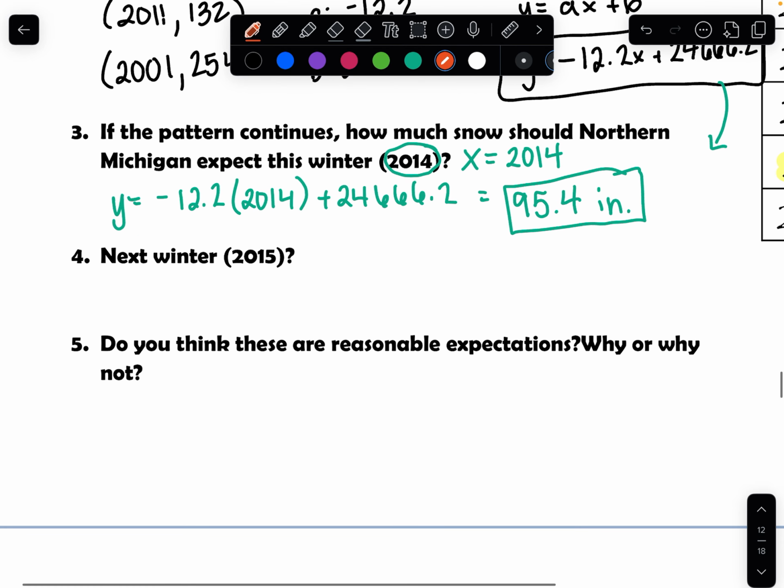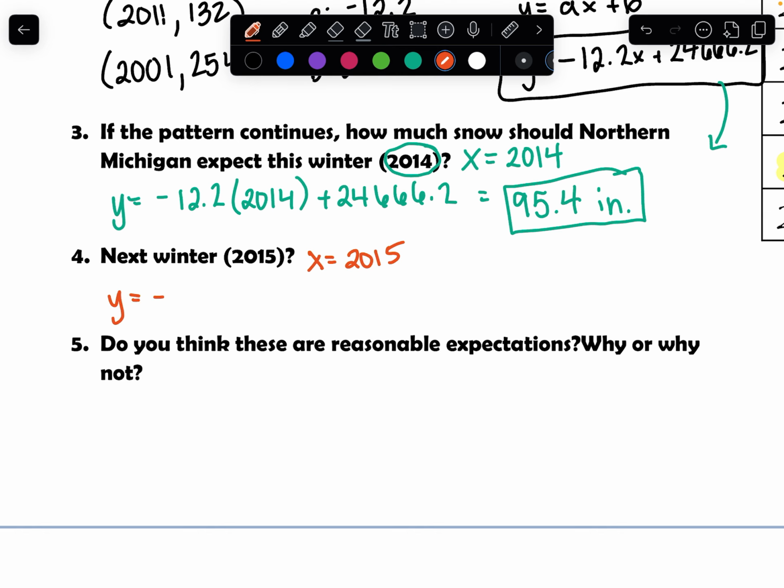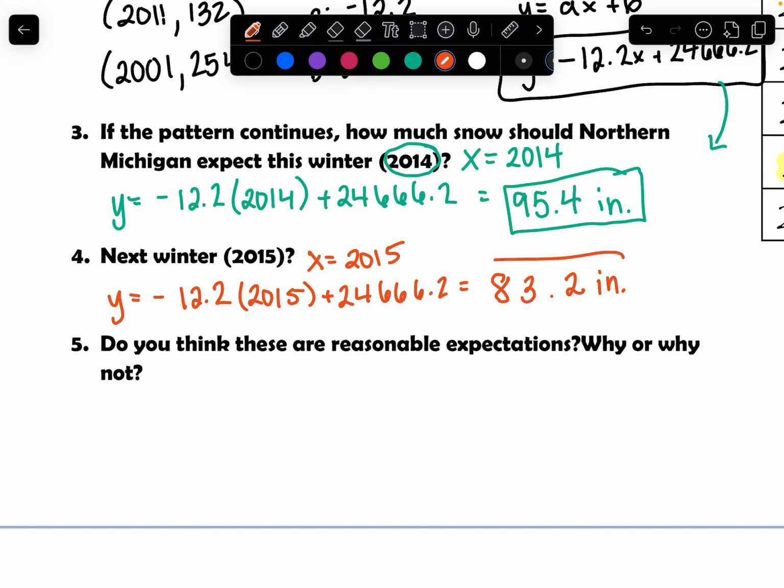And then next winter, so x equals 2015, we're going to do the same exact thing. We plug in 2015 into our x value, and then plug that whole equation into our calculator, and we would get 83.2. And again, we would write inches because it's asking for snowfall.